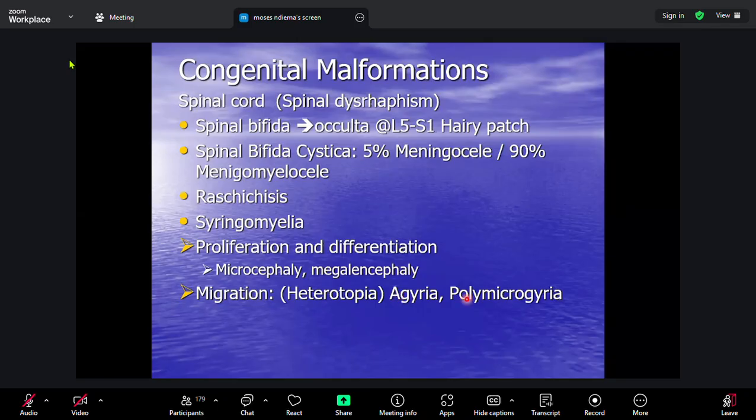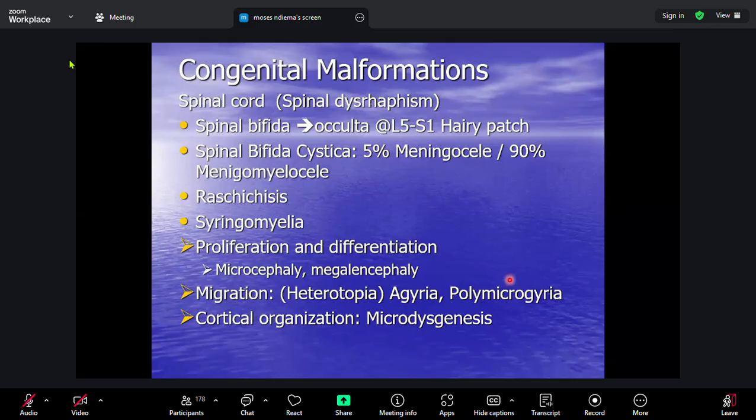Or we might have very small gyri, many small gyri. That's why we call it micro. And that is because of failure of the cells to move to the most superficial part and therefore develop in those regions. And sometimes we have cortical organization problems.